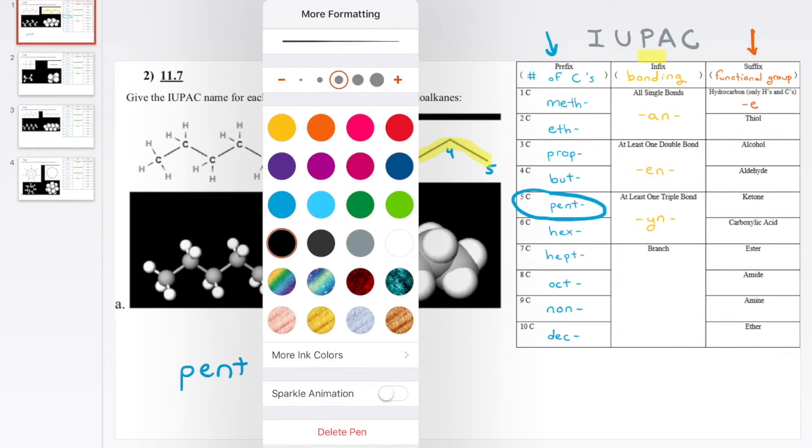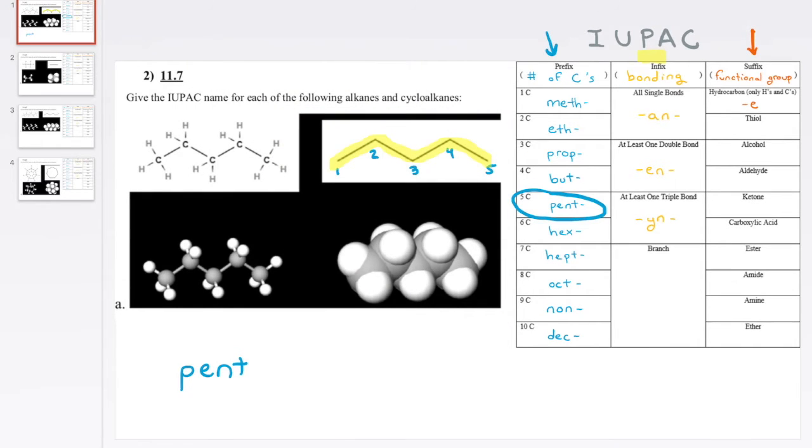If there were double lines, or triple lines, then you would have a double bond or a triple bond. But because we only have single lines, we only have single bonds. And so the infix we're going to use is AN.